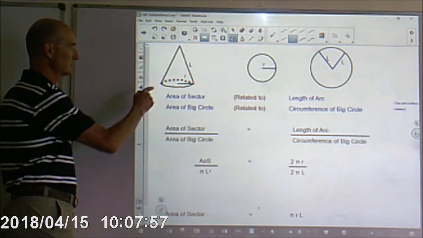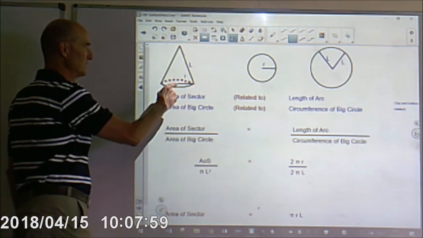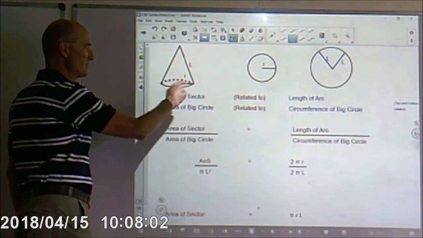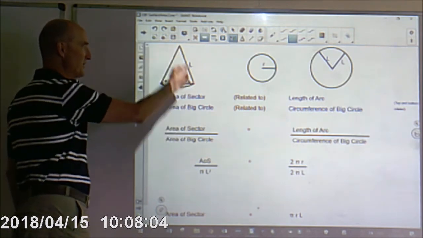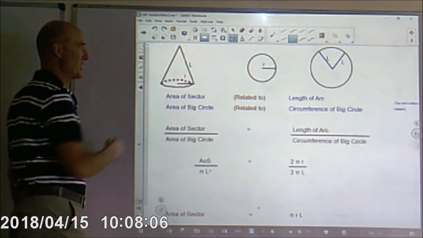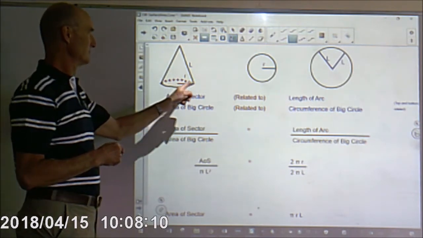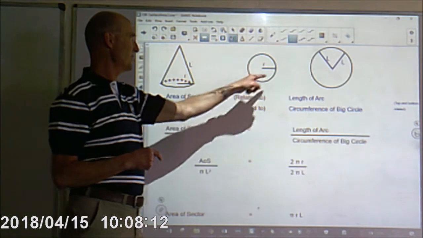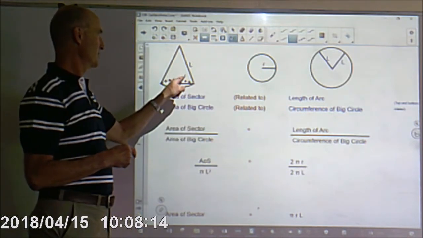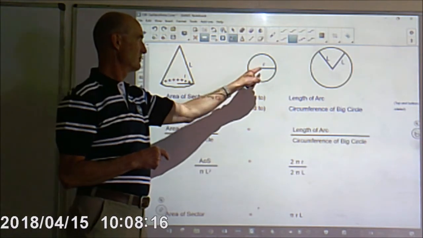So, I've got a cone. The radius of the base is R. The sloping length, the sloping height is L. So if I break that down, I've got that circular base, which has a radius of r.